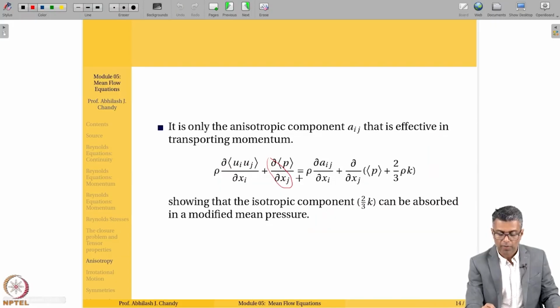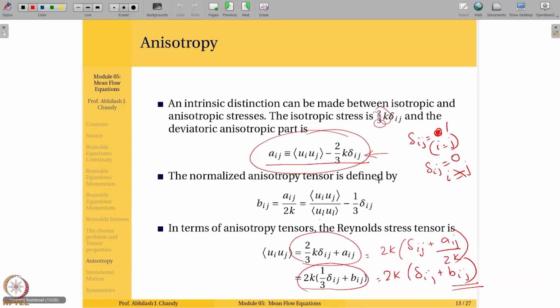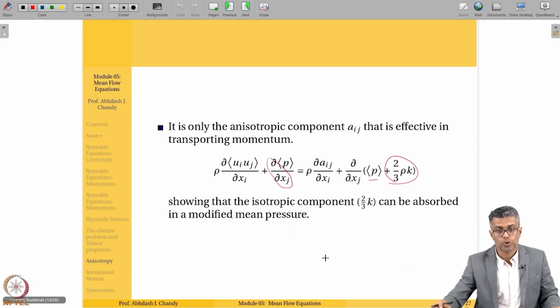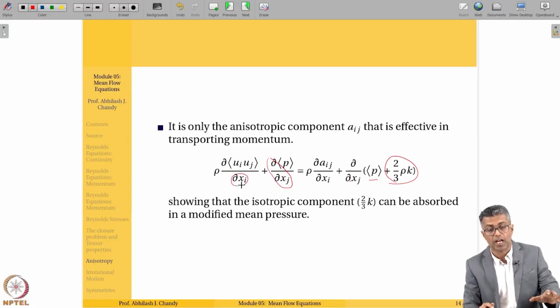So then I will write the Reynolds stress as rho del xi of Aij plus del xj of P, and I group this 2/3 rho K along with P. Instead of the 2/3 K delta Ij, this delta Ij, Kronecker delta, is also going to make this del xi as del xj.